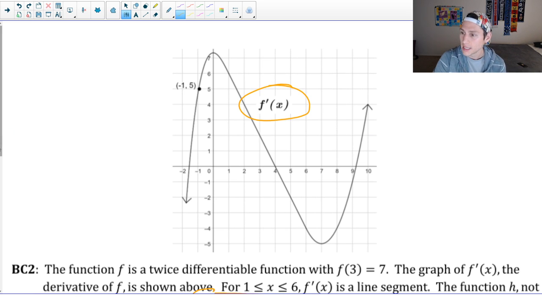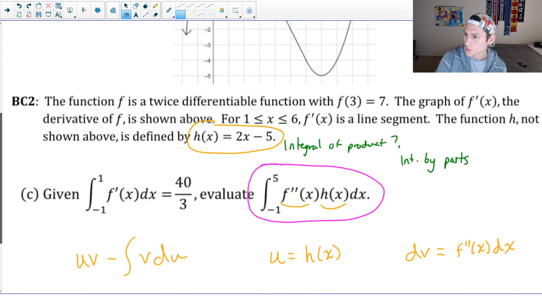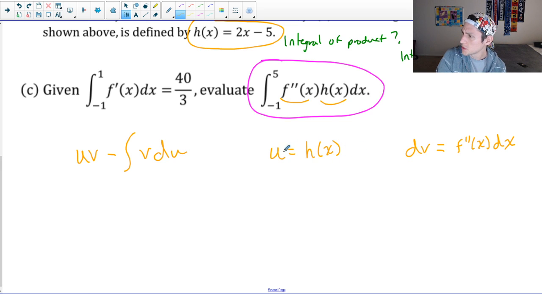So making this choice for u and dv means that I'll end up with functions that I can work with. Otherwise, if I switch this, if I took the derivative of f double prime, now I'm at f prime prime prime, the third derivative of f. I don't have any idea what the third derivative of f is.